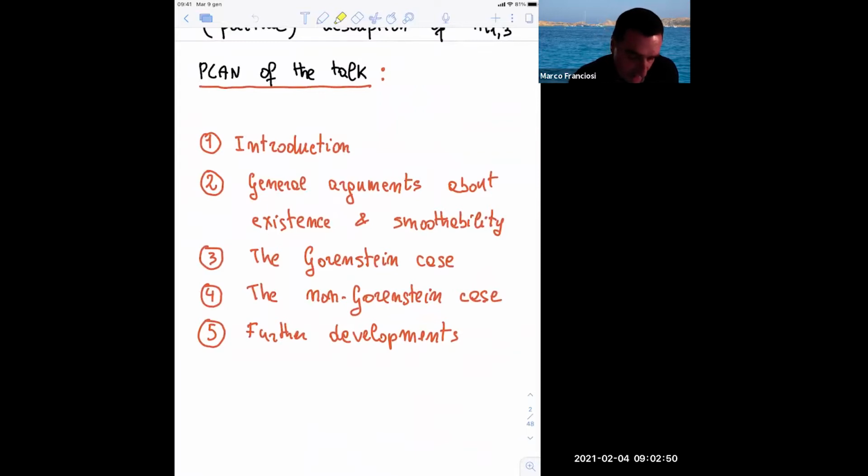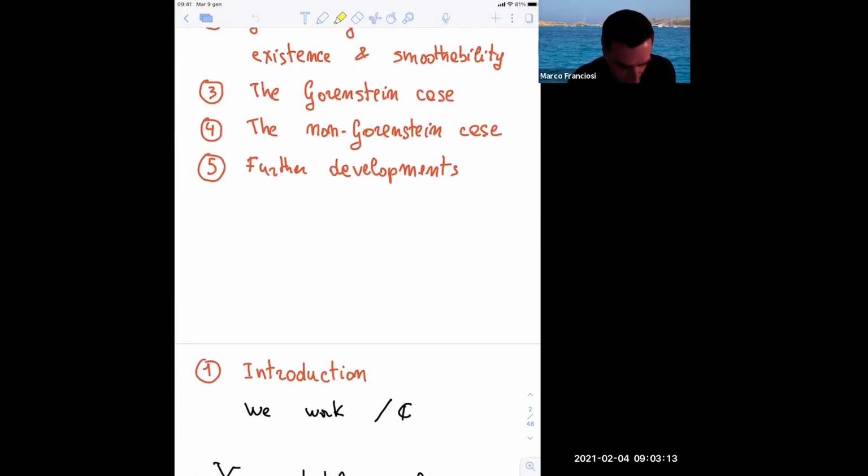Then I will speak about general arguments about existence and smoothability of stable surfaces. Then I will treat the Gorenstein case. And the new part is the non-Gorenstein case. And I will end the talk speaking about further developments.